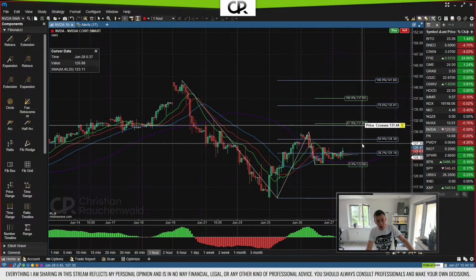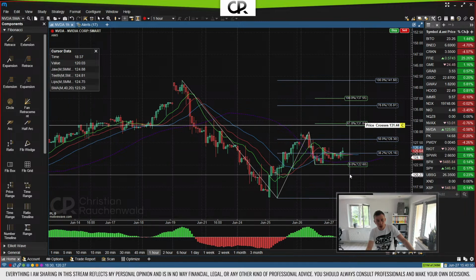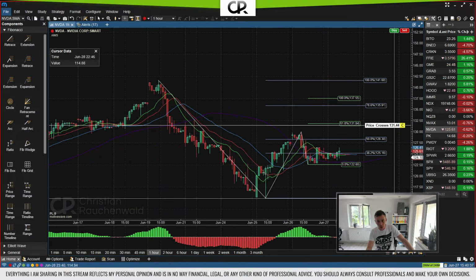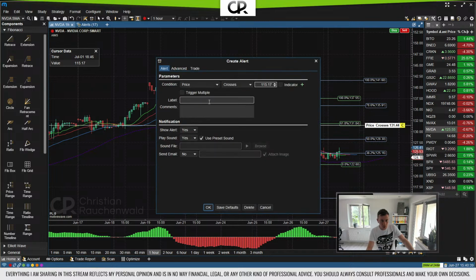And on the other hand, we don't actually have a marker, but we need an alert too. So 115 would be the other alert, where we'll measure the wave C endpoint.